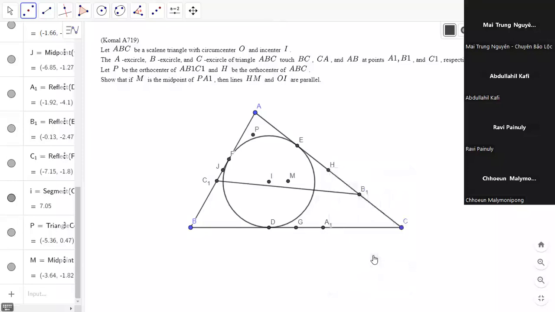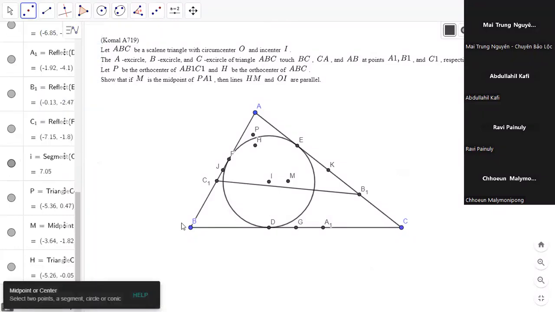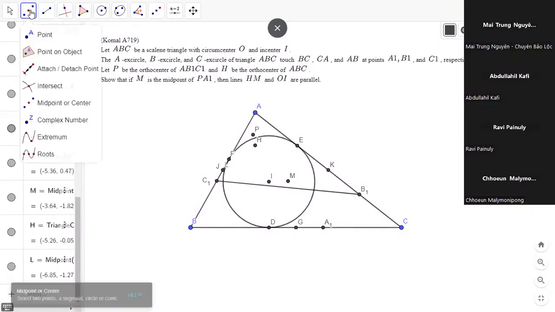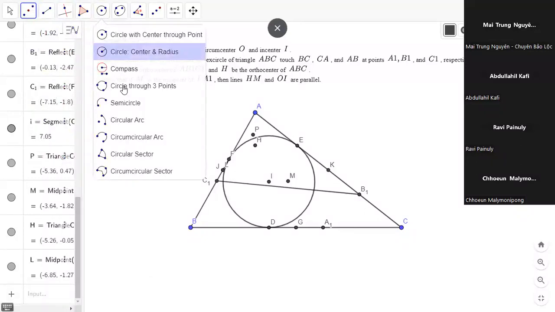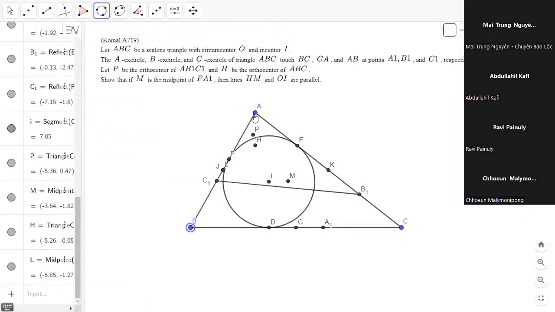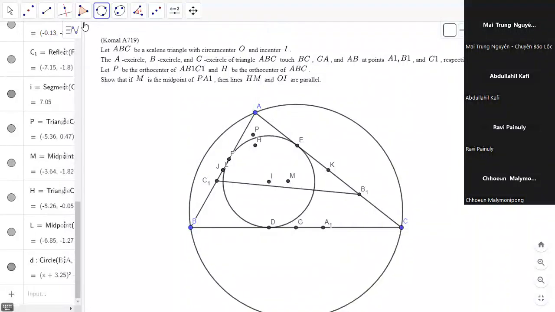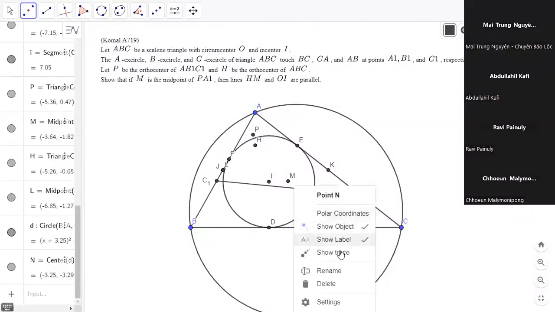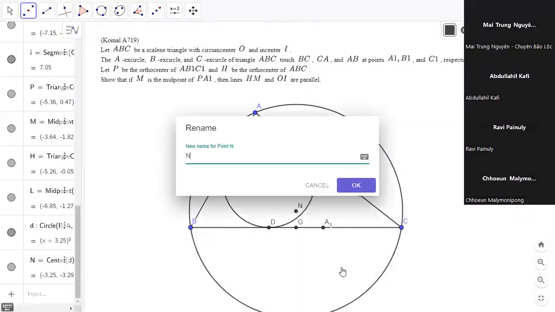Okay, I gotta rename this. That's H. And then we draw the circumcenter O. Saying HM and OI are parallel. It's very interesting.